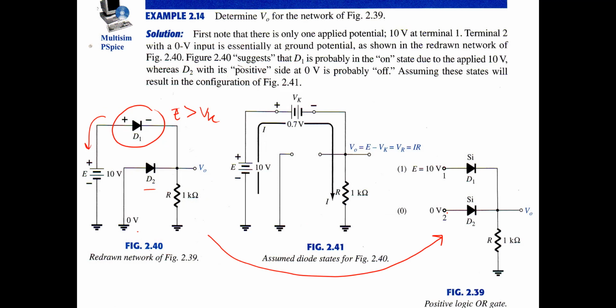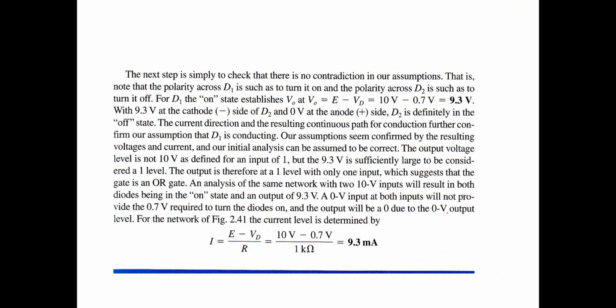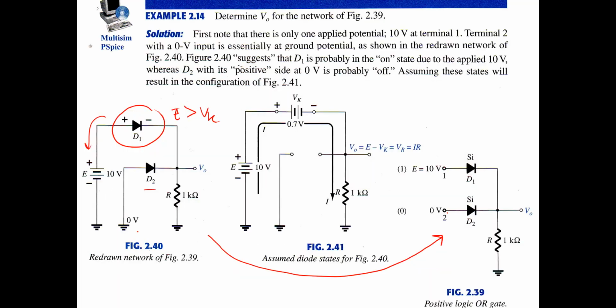So this is like the OR gate. If we have inputs 1 and 0, the result is 0 and 0 is 0, 0 and 1 is 1, 1 and 0 is 1, 1 and 1 is 1.